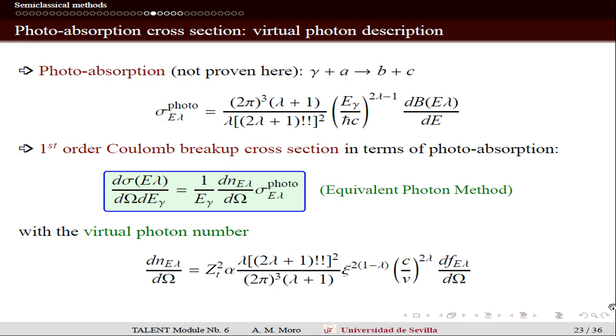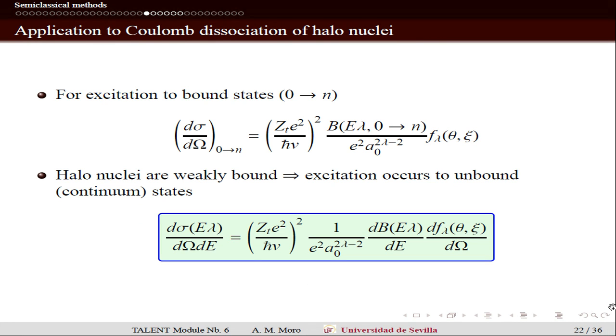So remember that our cross-section is proportional to the B1 distribution. For systems that can break, this cross-section becomes actually a double differential cross-section. So we go back now to our projectile target system. So this expression here is replaced by an expression of this kind.